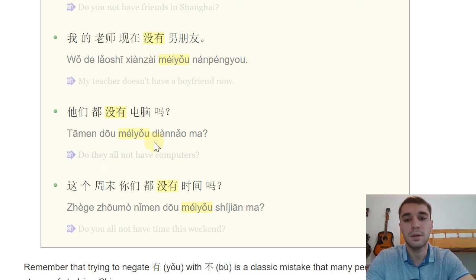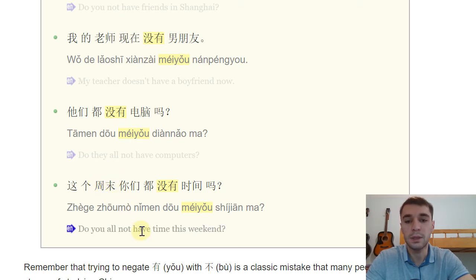他们都没有电脑吗? Do they all not have computers? They all don't have the computers. How to say? 他们都没有电脑. About 都 we will talk a bit later. So 这个周末你们都没有时间吗? Do you all not have time this weekend? 没有时间, don't have time. 都, all. 周末 means weekend.